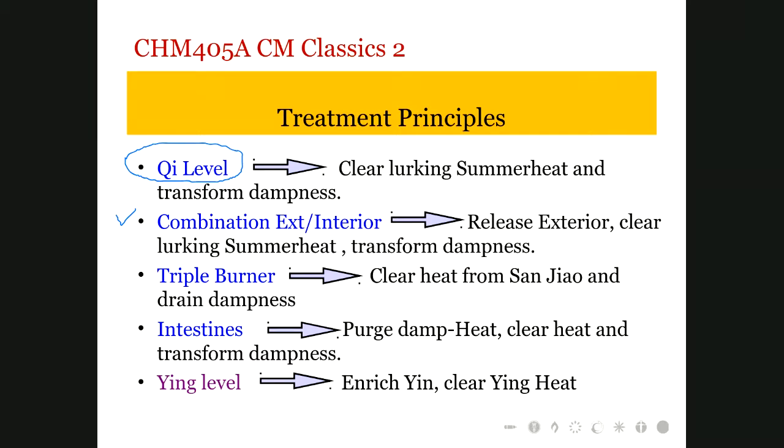If they involve the triple burner, you clear the heat from the triple burner and also drain the damp simultaneously. And if the heat mainly affects the middle burner and you get dysentery, diarrhea, and intestinal disorder, you purge the damp heat using bitter, cooling herbs and also clear the heat and transform the damp.